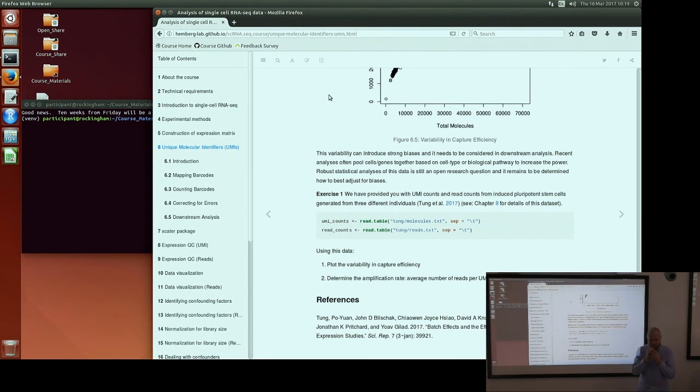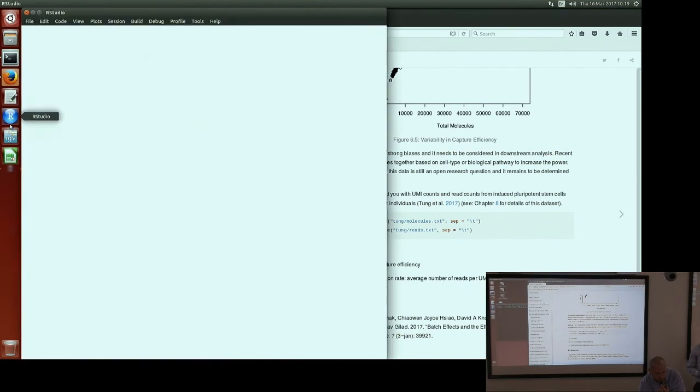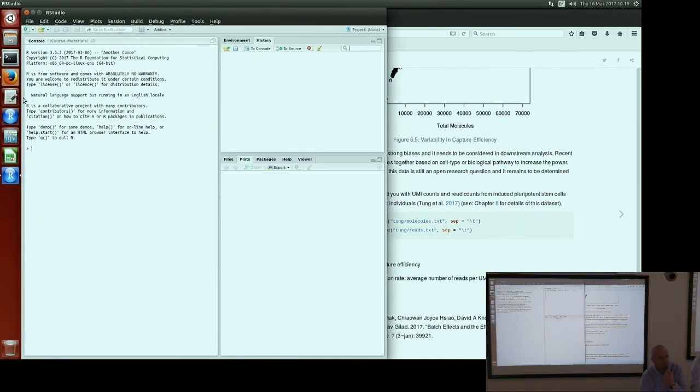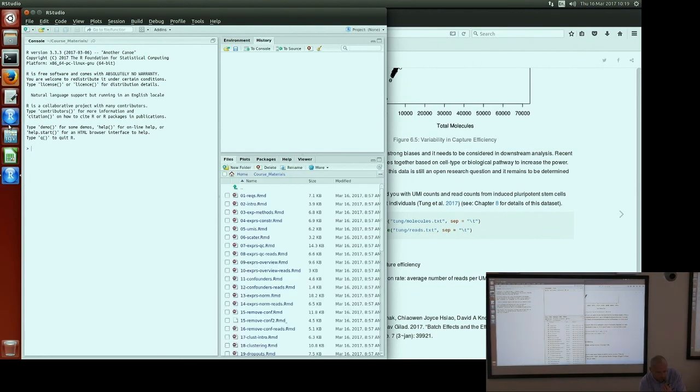Okay, so you should have RStudio open on every desktop in this class. If it's not open, you can just click on the RStudio icon on the left. Then if you go to the Files tab here, it will contain all the chapters that we have on the website.